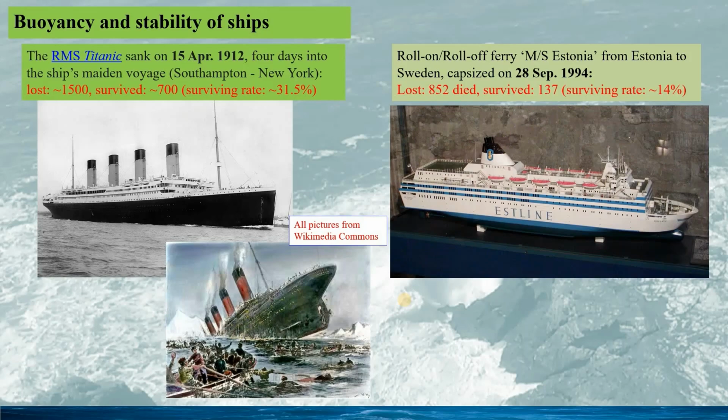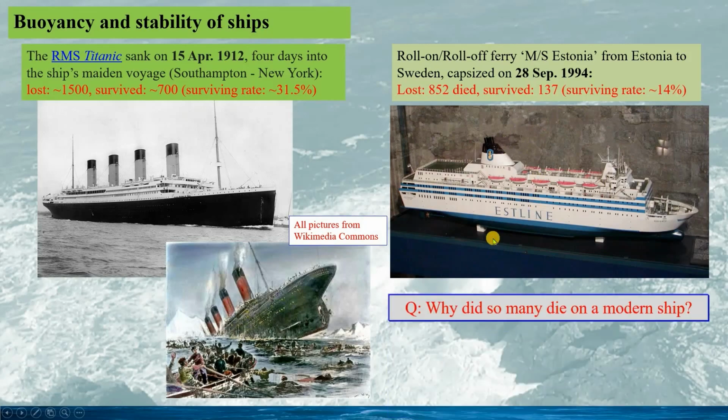If we compare these two maritime disasters, we can see the survival rate for Titanic is much higher than MS Estonia, 31.5% to 14%. So there will be a question: why did so many people die on a modern ship?